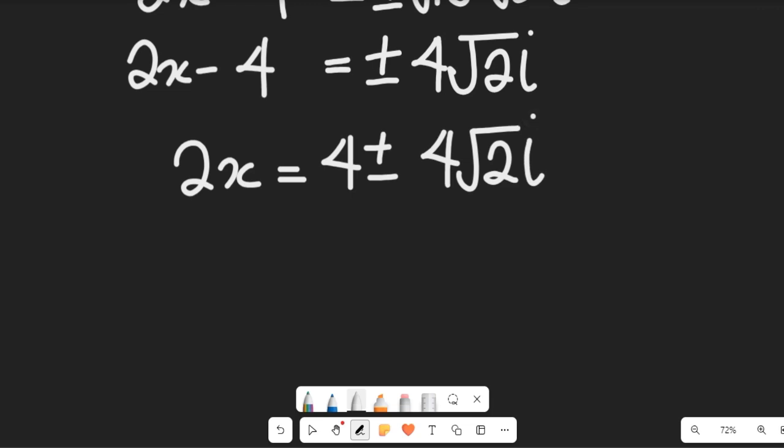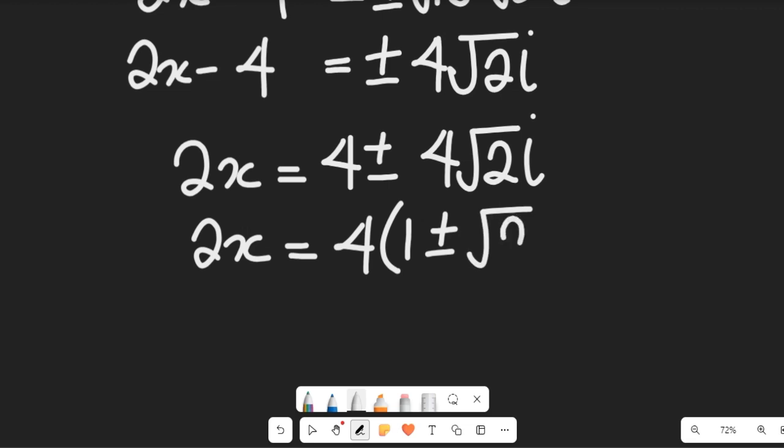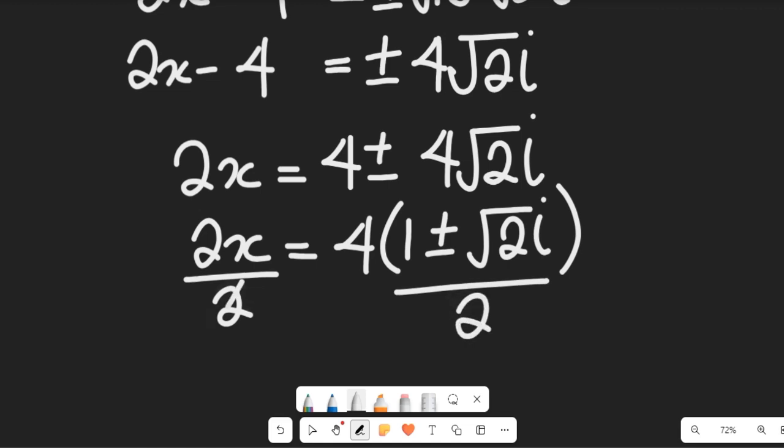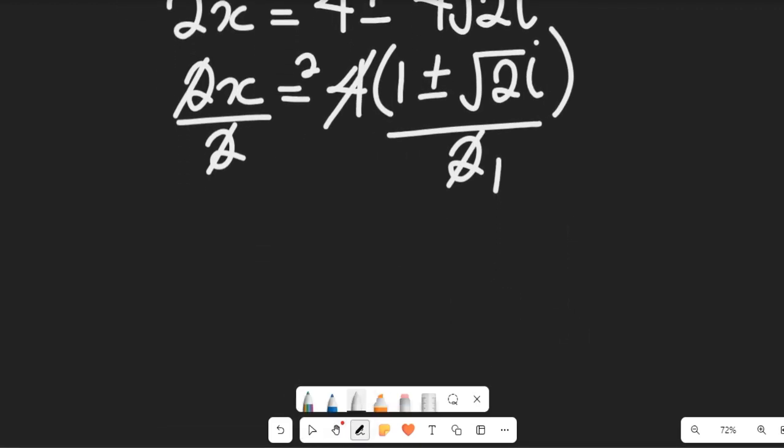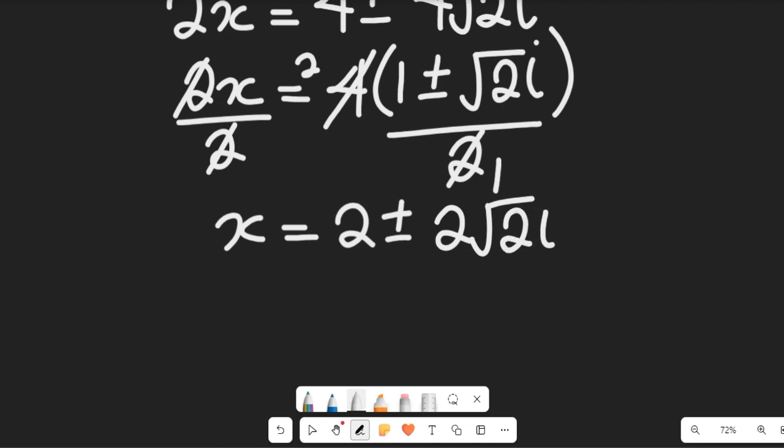Since 4 is common, I'll have my 2x equal to 4 times 1 plus or minus the square root of 2i. And if I divide here by 2 and here by 2, the 2 will cancel out: the 2 here becomes 2, the 2 here becomes 1, and then I'll have the value of my x equal to 2 plus or minus 2 root 2i.